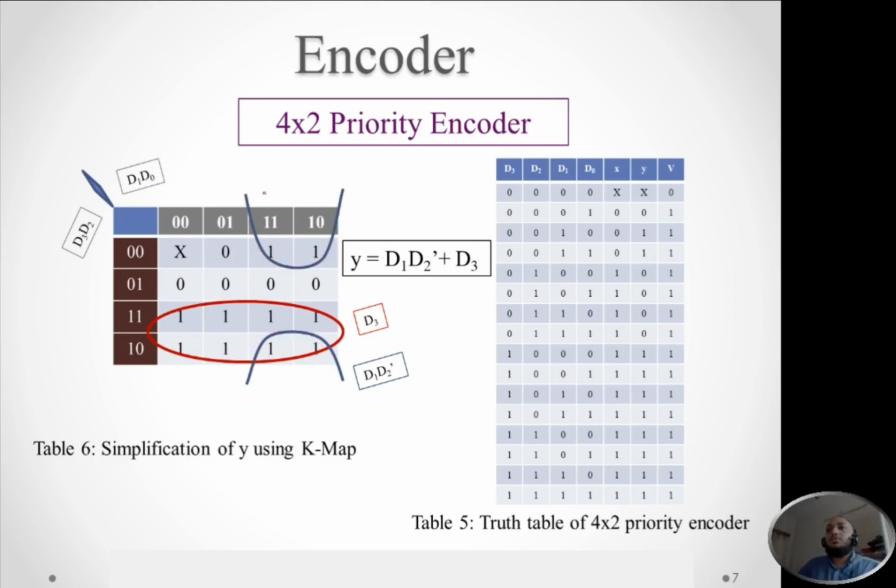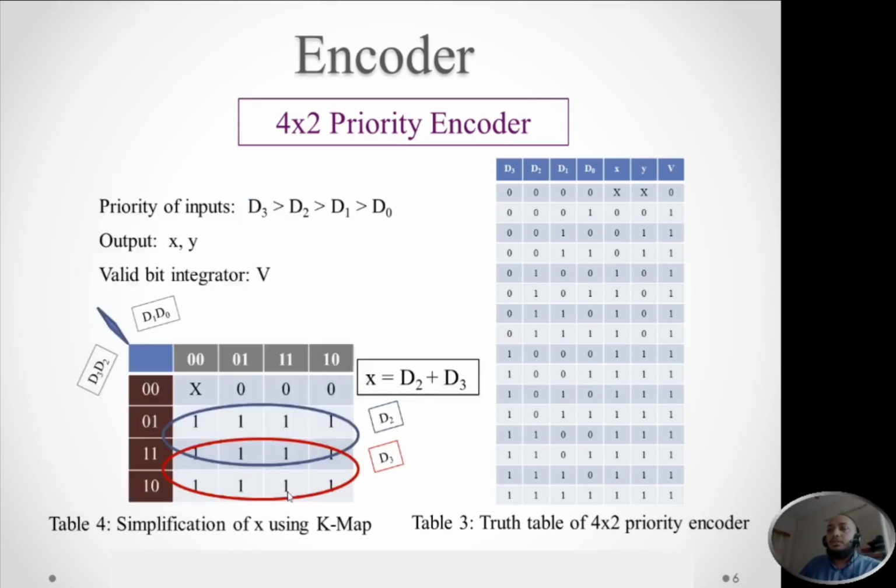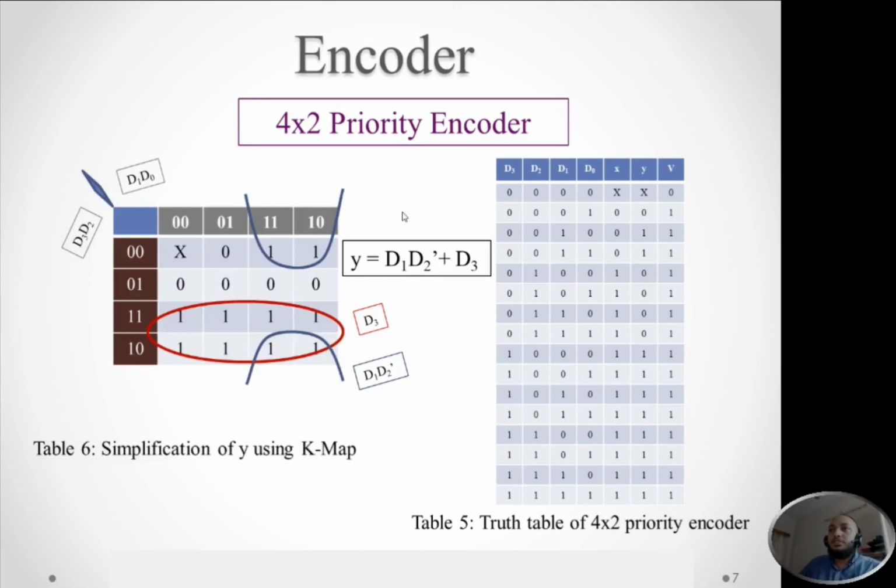So there are 2 possible groups for y, the blue group and the red group. We have already seen the expression for the red group, which was also in x, and the expression for the red group is d3. Now let's talk about the blue group, which covers these 2 columns and these 2 rows.